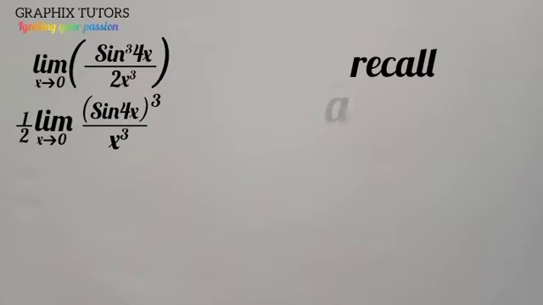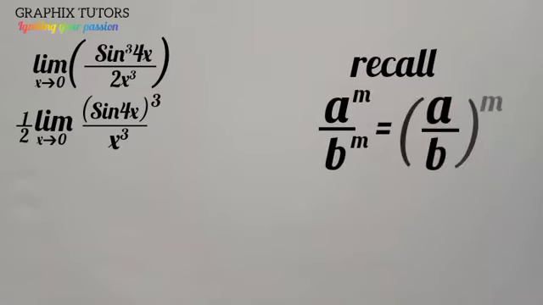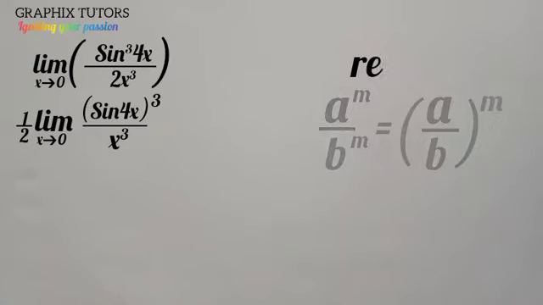Like a to the power of m over b to the power of m will give us what? a over b all to the power of what? m. That's what I mean. Now if I implement it in the above expression, I'm going to be having 1 over 2 lim x tends to 0 sin 4x over x all cube.